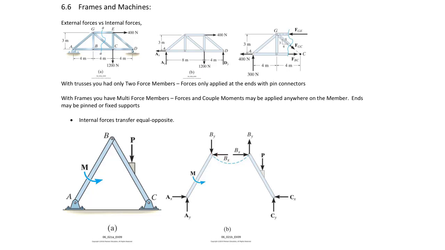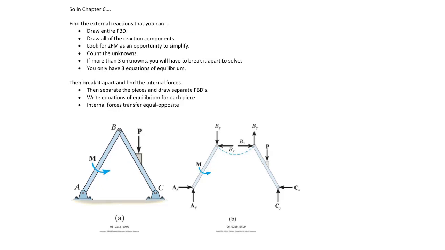So in other words, if it goes that way on that member, it has to go that way on that one. If it goes that way on this one, it has to go that way on that member. So if we keep that equal and opposite methodology with us all the time, most of the time we won't get too lost in the problems.